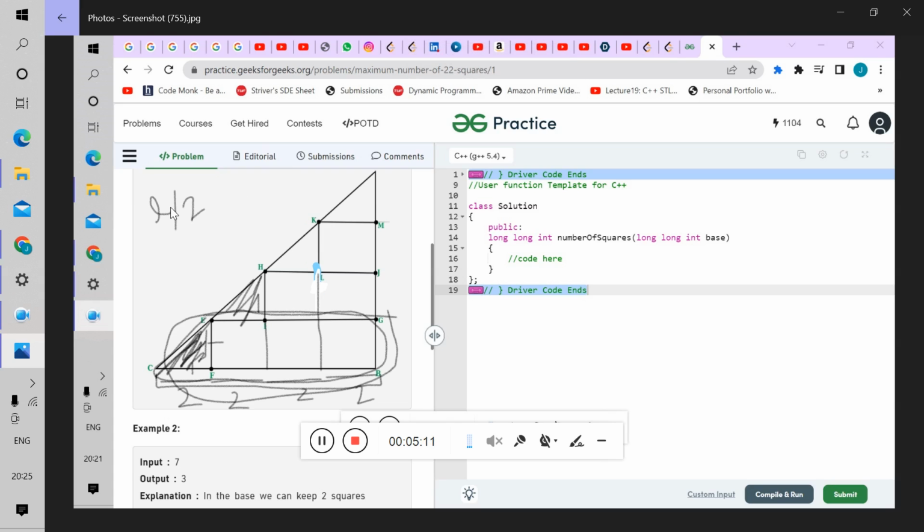I will just divide the length of the base by the length of the square, and this returns the number of squares it can accommodate, if the length is enough to accommodate these squares, right?